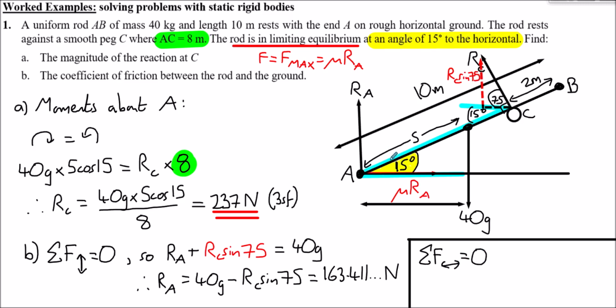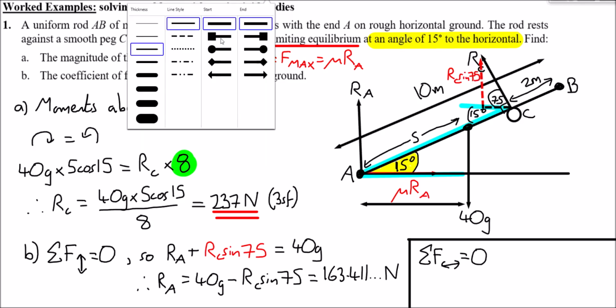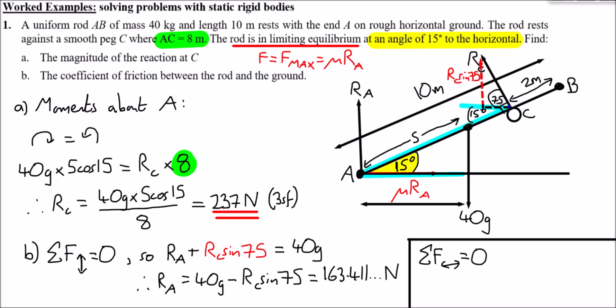So the only thing we've got going to the left, without having to resolve, would be this component of the reaction at C. So again, we can consider adding this in. That component of C which is acting that way is going to be the magnitude of the force, then cosine 75.